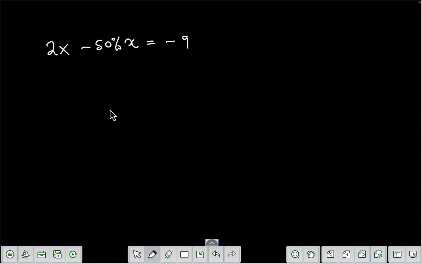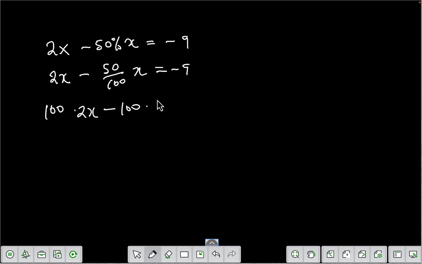Alright, so let's look at this problem again. We have 2x minus 50% of x equals negative 9. 50% is the same as 1/2, right? But then let's move systematically. 50 over 100, x equals negative 9. So we multiply both sides by 100, right? So 100 times 2x minus 100 times 50 over 100, x equals negative 9 times 100.